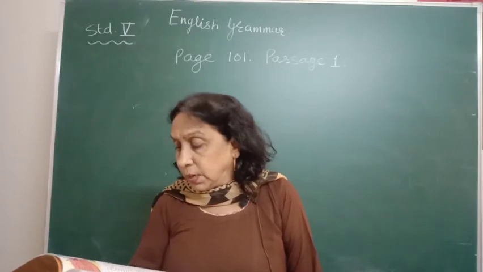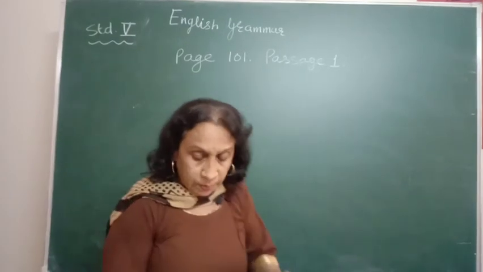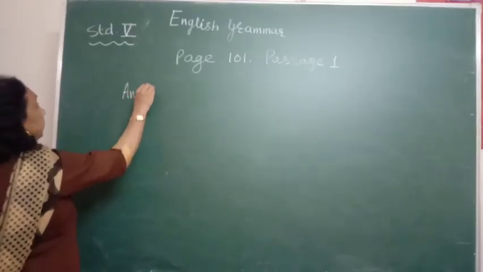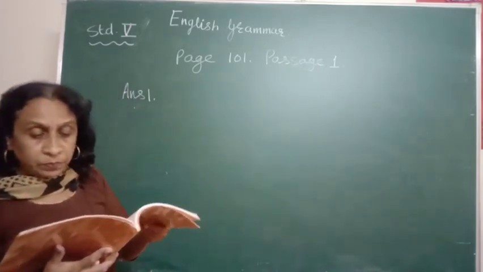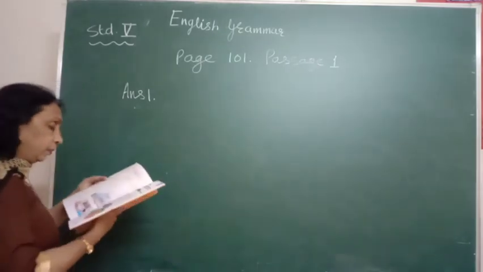What was the little boy trying to do? What was he trying to do? Yes. So I am writing the answer. Write answer 1. What was the boy trying to do? He was trying to reach a doorbell.